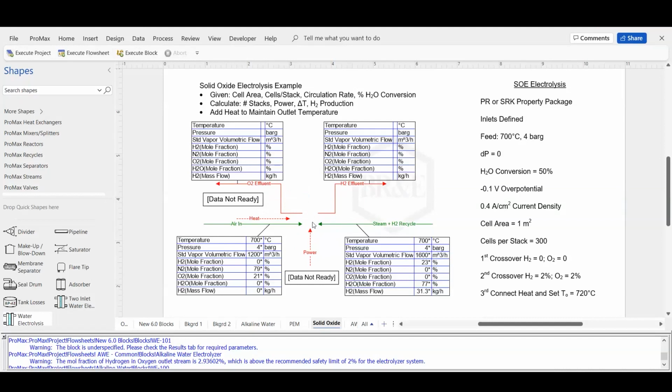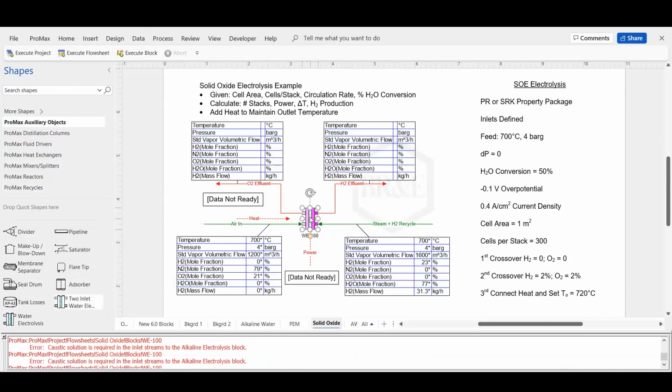So in this case, our inlet streams are already defined, and you see the conditions are already defined in here. And we are going to get our electrolysis block now, the 2 input, 2 feed electrolyzer block.